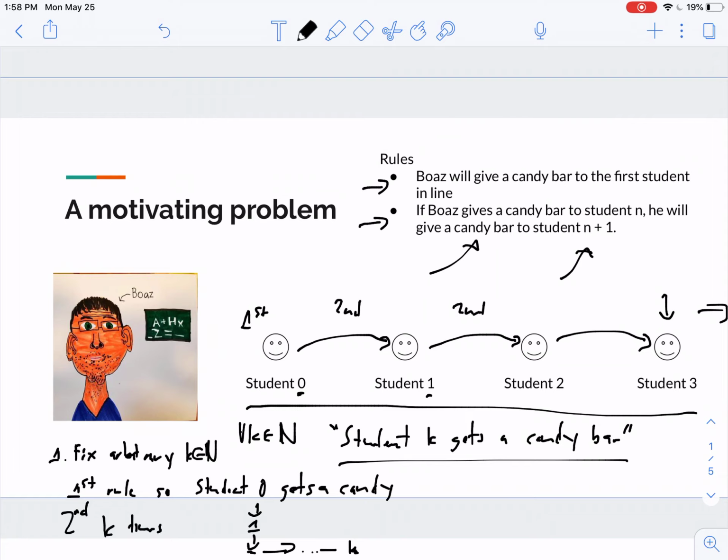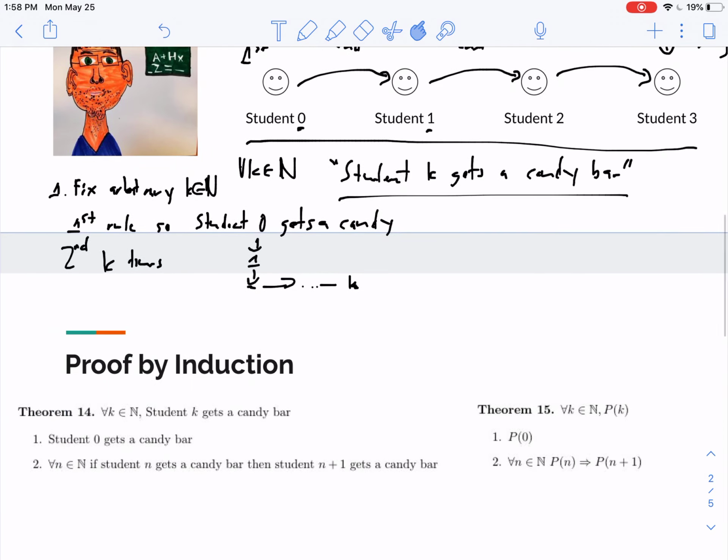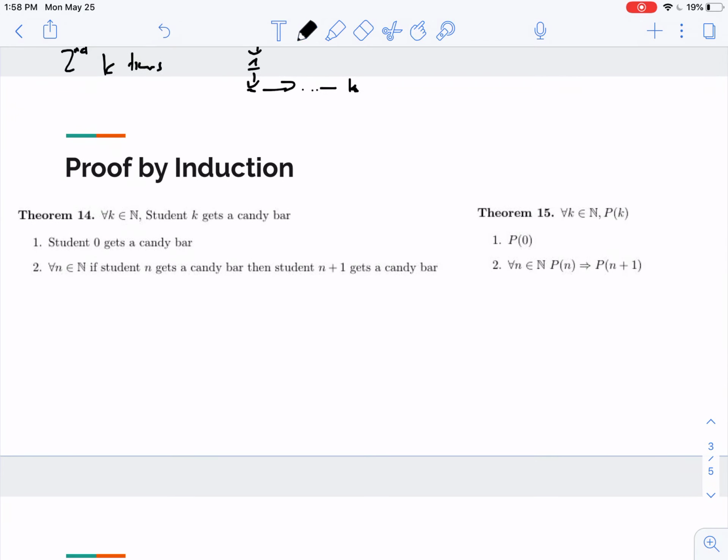And so that's a fun example, but what exactly does that tell us about math? Well, actually, this is going to help us discover a new proof technique. Basically, in the previous problem, we wanted to prove this statement, "student k gets a candy bar," for every single natural number, right? And the way we did it was just based on a couple of rules. We actually found that we could prove that the statement was true for every single k.